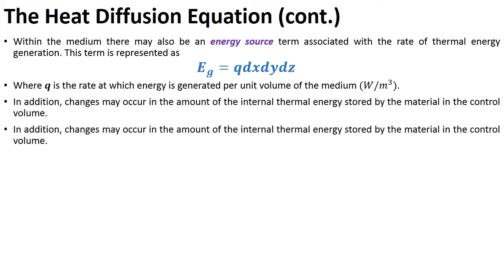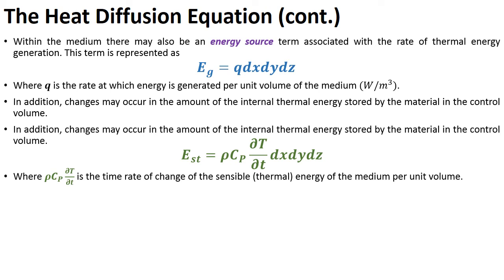We have also discussed that the cube is made up of material which can store energy, and the energy stored can be given as rho Cp partial T over partial t times dx dy dz. dx dy dz is the differential control volume, and rho Cp partial T over partial t is the time rate of change of sensible energy per unit volume.